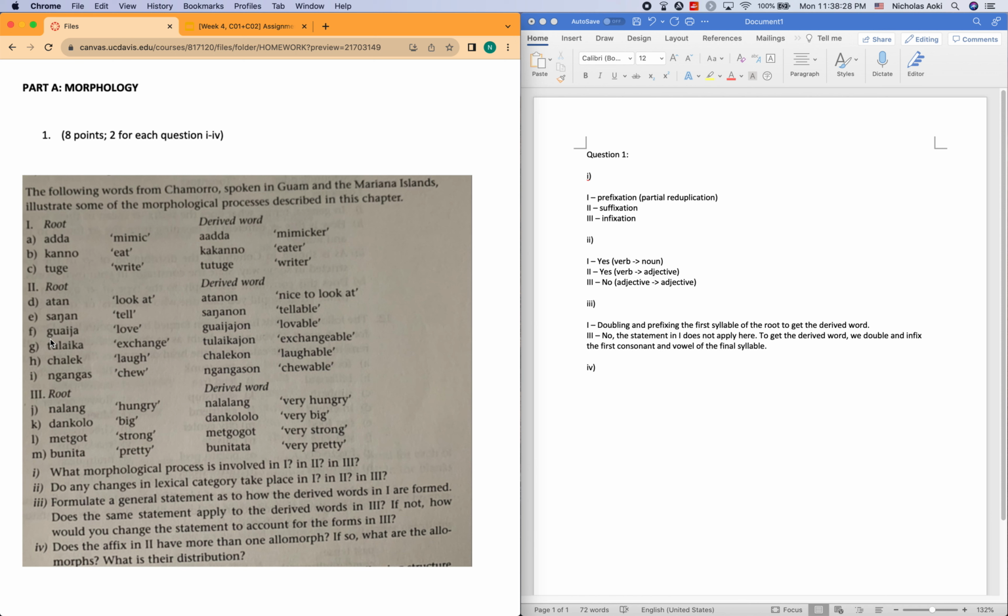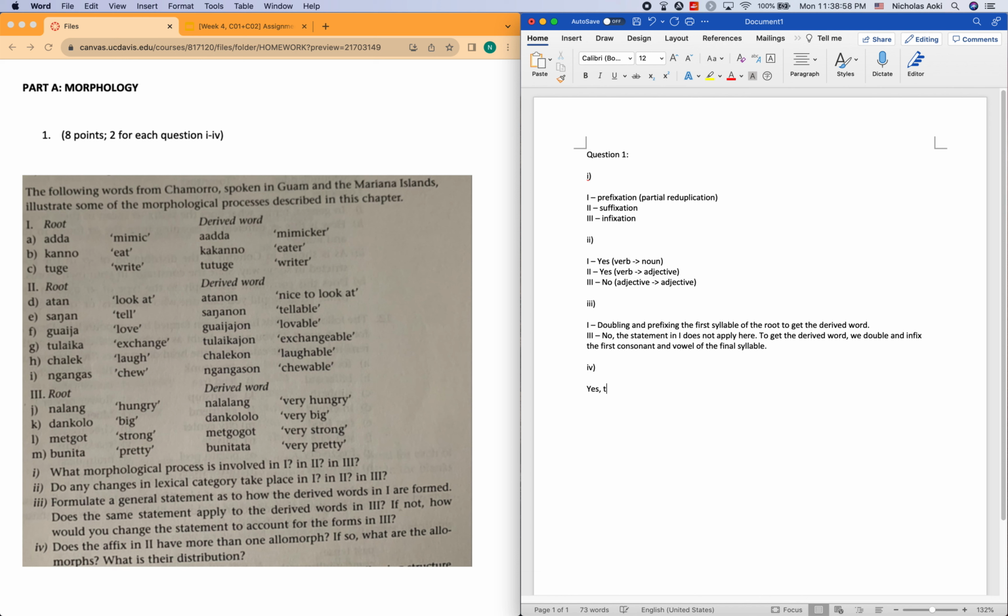But then look at number 5. We have guaya, and we add yon. Guayayon. So there are two versions here. On and yon are the two different suffixes. Tulaika goes to tulaikayon. Again, yon is there. Chalek, chalekon. Ingangas, ingangason.